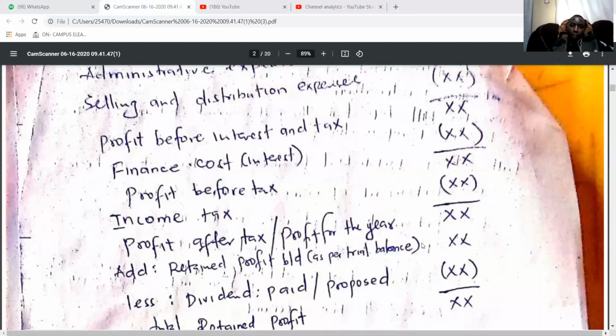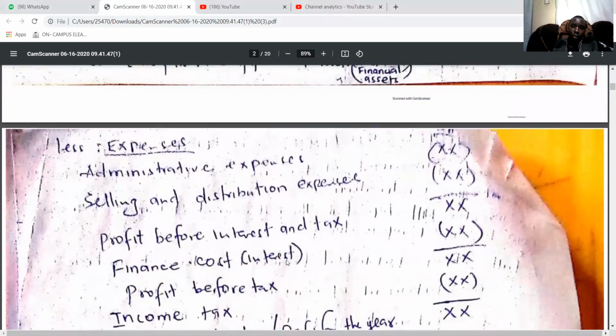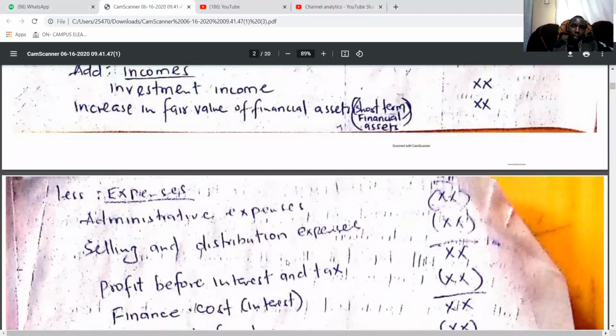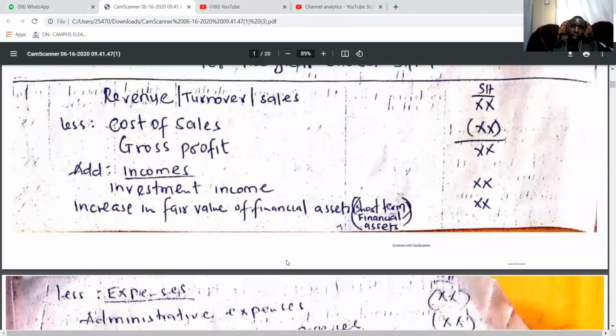After getting the profit after tax, or profit for the year, you are supposed to add the profit from the previous year. This is the retained profit brought down. Remember that we have started from this format, that is why I'm moving with speed so that we can do some questions. This is just a statement.